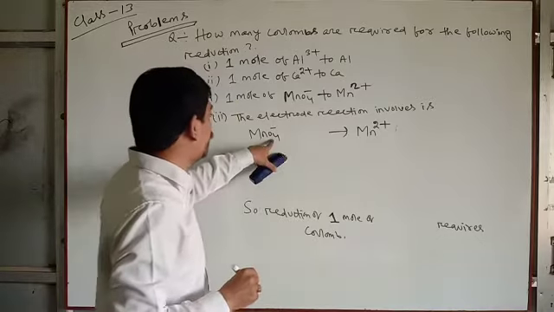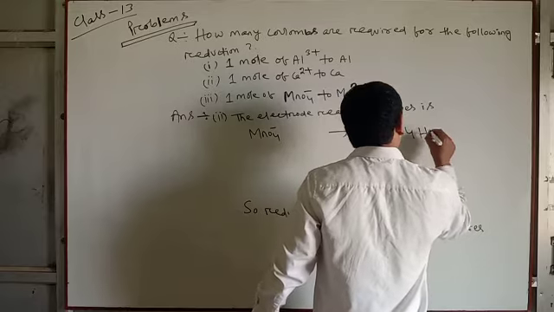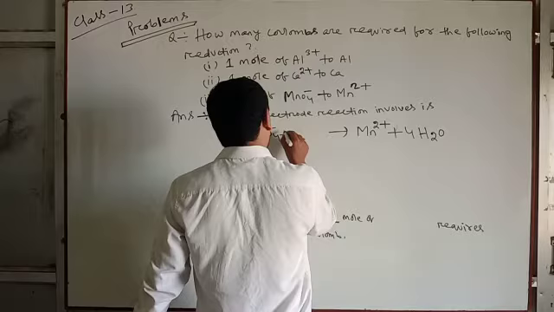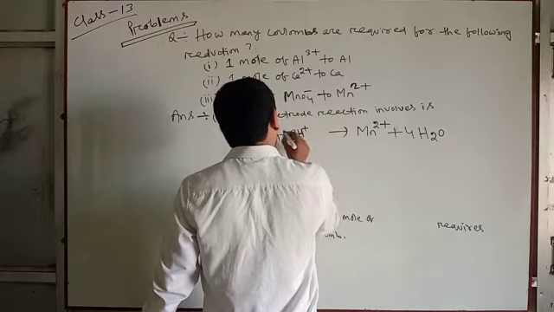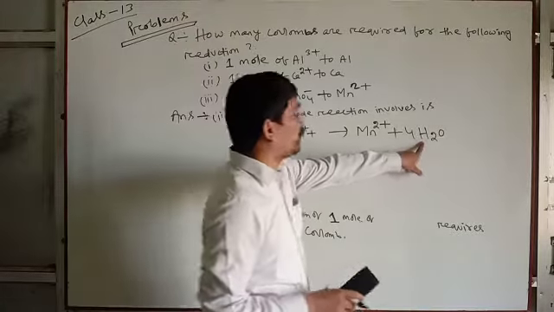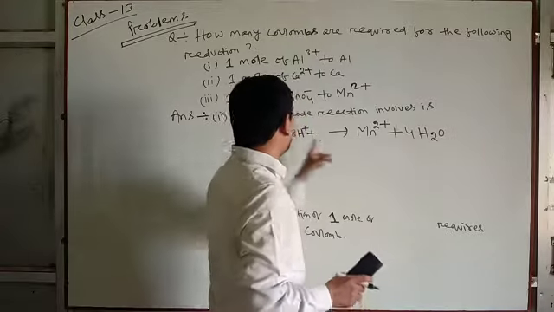How much oxygen? Here 4 oxygen. So plus 4 water. So how much hydrogen? 8 hydrogen. So 8 H plus. Oxygen is balanced by water. How much hydrogen? 8, and this is plus.